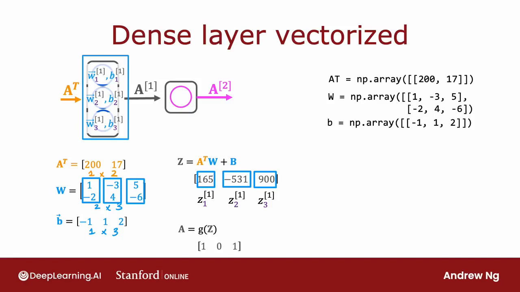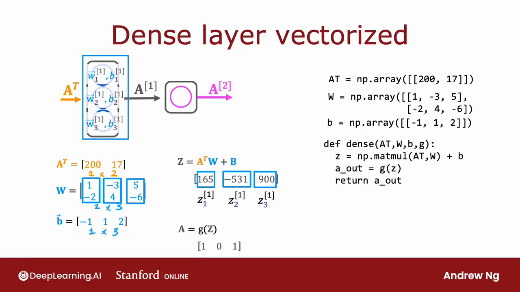And so the way you can implement forward prop in the layer is dense, input A transpose, W, B is equal to Z equals matmul A transpose times W plus B. So that just implements this line of code. And then A out, that is the output of this layer, is equal to g, the activation function applied element-wise to this matrix Z. And you return A out, and that gives you this value.